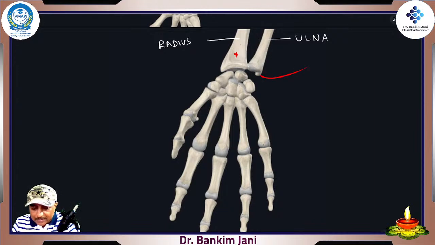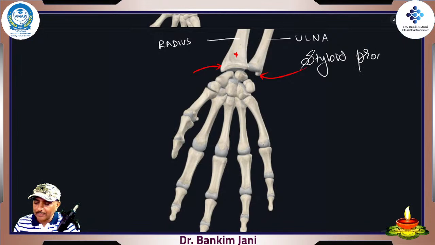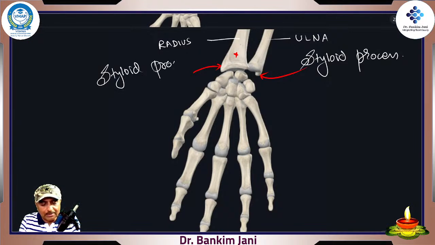These two processes, this one and this one, are very stylish, and that's why they are called the styloid process. Radius would also say, no worries, I'll keep the same name, styloid process. So you have to keep telling that it is the styloid process of radius and the styloid process of ulna.